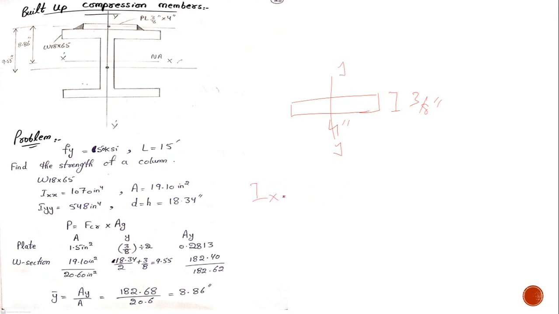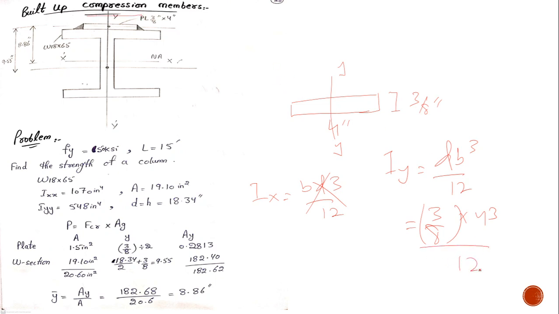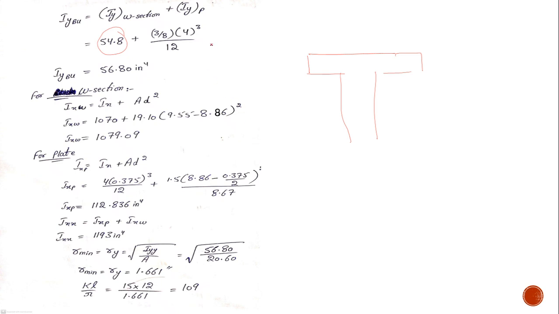You should know that Ix is BD cubed by 12, but I have to find Iy. It would be equal to dB cubed by 12, where d is 3/8 inches and b is 4 inches, divided by 12. So Iy of a plate is this.